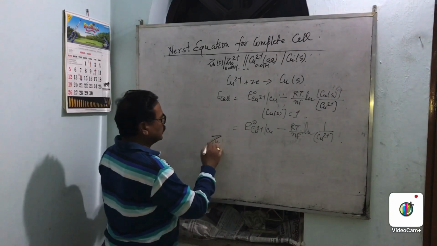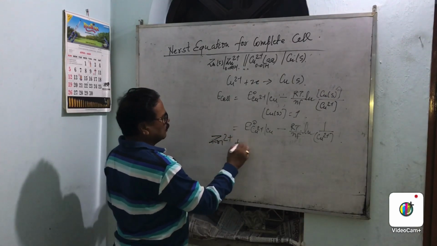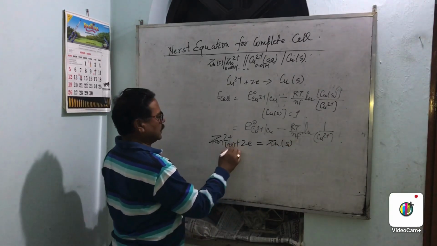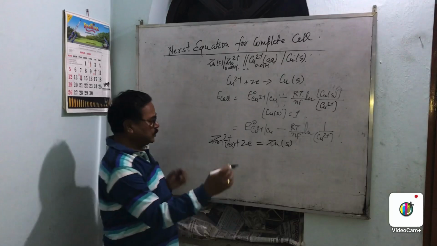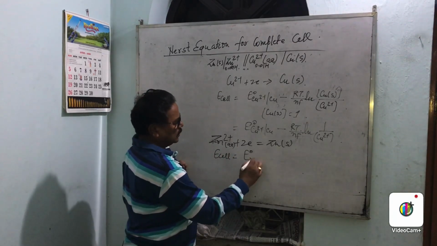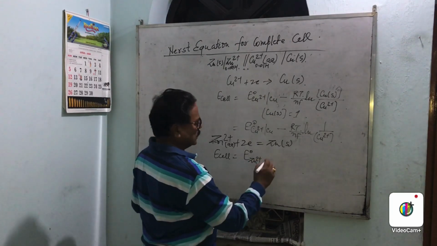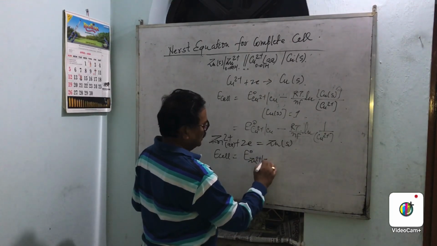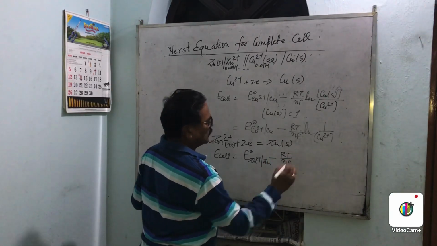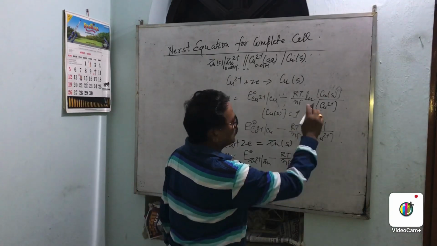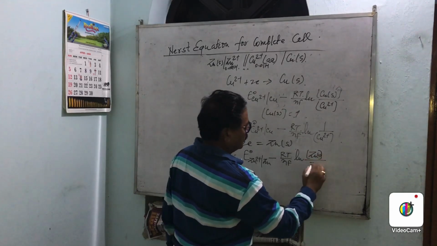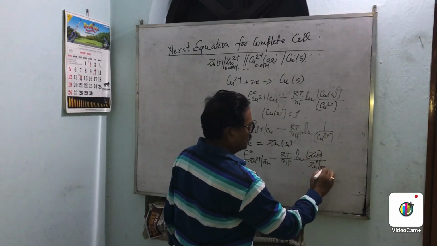So this is written in reduced form, Zn2 plus plus 2e, that is equal to Zn solid, and this is always aqueous, right? So E cell is equal to what we write? E0 Zn2 plus Zn minus RT by NF, and this is log Zn solid by Zn2 plus aqueous, right?